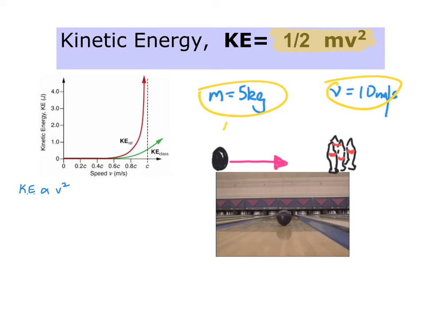So the kinetic energy would be a half times mv squared. This squared is 100, so it's 100 multiplied by 5, which is 500, multiplied by a half, which is 250 joules. The SI unit for energy is joules. So the kinetic energy of the bowling ball will be 250 joules.